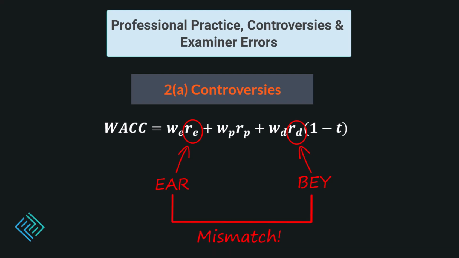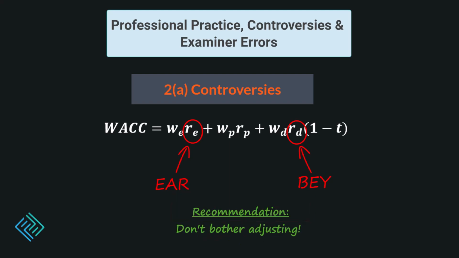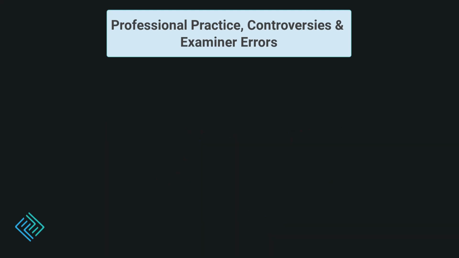Does this mismatch mean that the debt rate has to be converted before you combine it with the equity rate? I would argue that this is not necessary, especially when you keep your eye on the big picture, which is that WACC is really only a broad brush estimate of a fundamentally unknowable future. The precision added by converting the bond yield from a BEY to an EAR is therefore, in my opinion anyway, spurious and a waste of time.